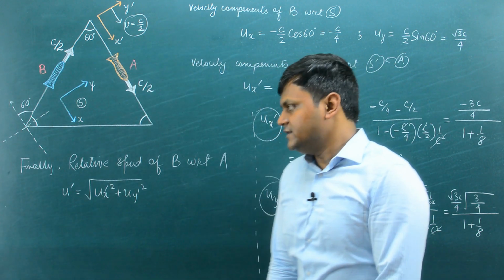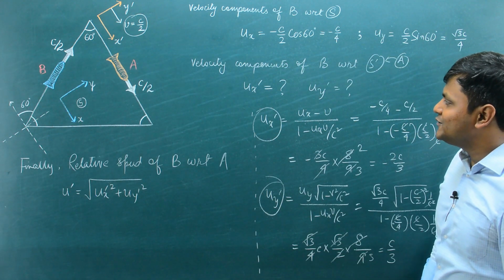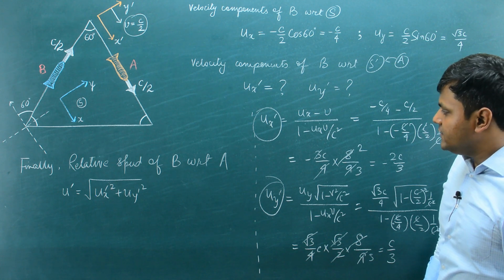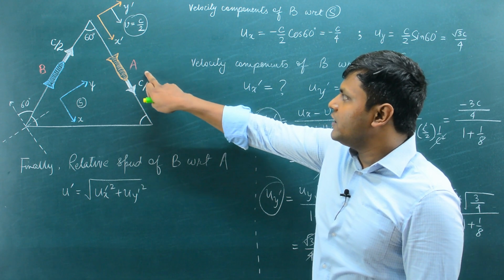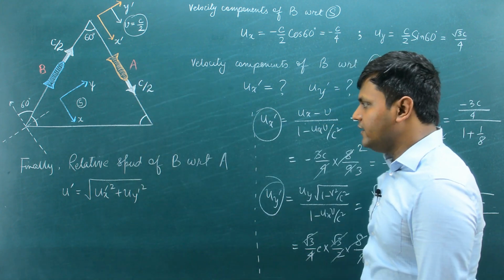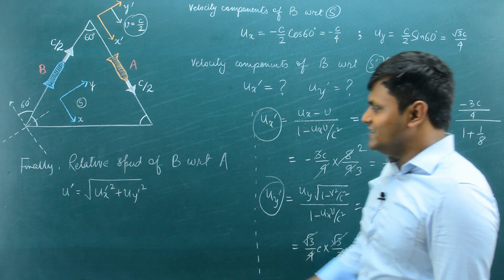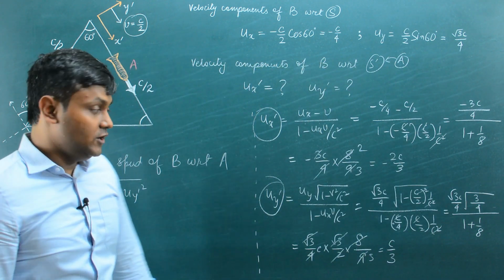I hope you're following the discussion. First of all, I calculated the velocity components of b with respect to the frame of reference associated with a. So the final relative velocity is nothing but the magnitude of those velocity components.